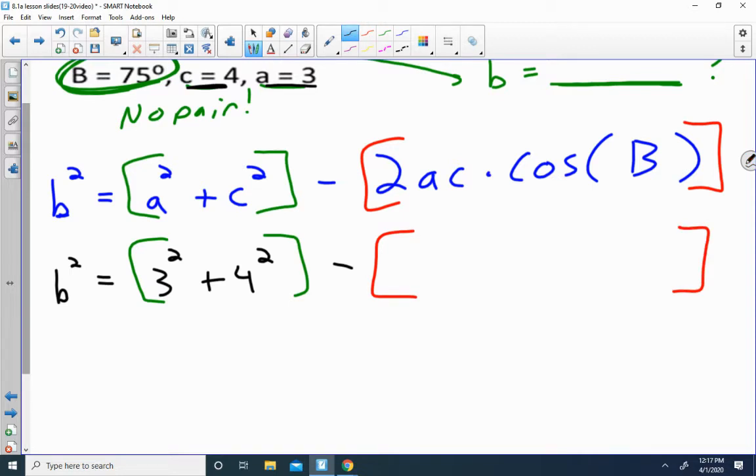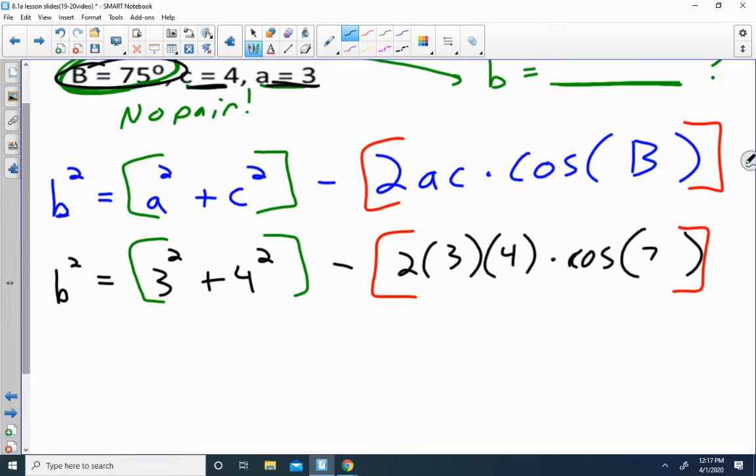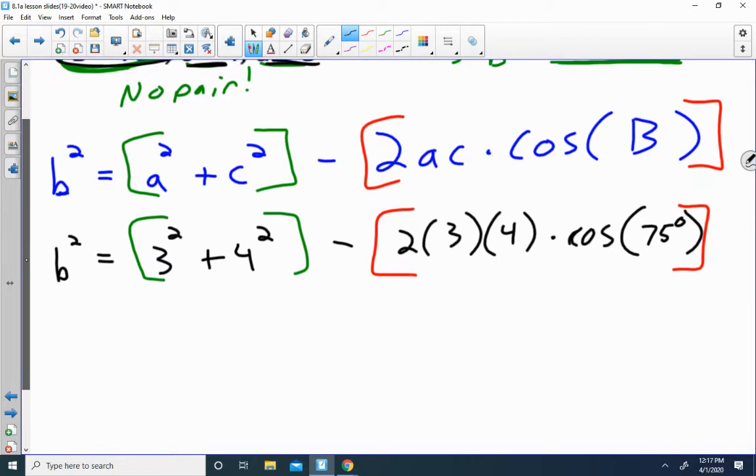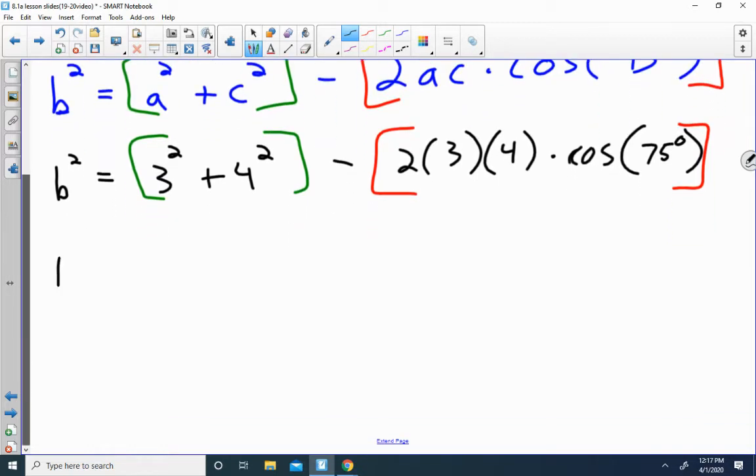We'll go ahead and do 2, and then times a, where a is 3, and then times c, where c is 4, and then times cosine of big B, where big B is 75 degrees. Okay, now we got the numbers plugged in. Now let's do some chugging.